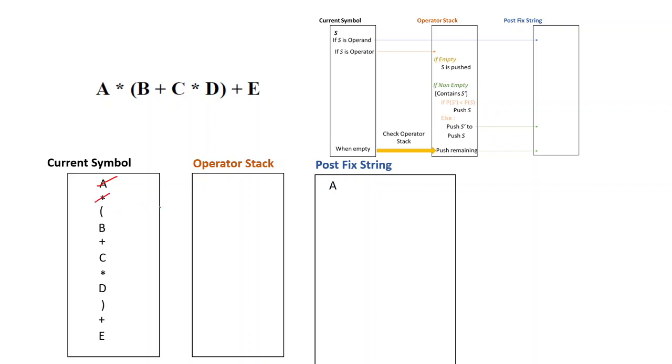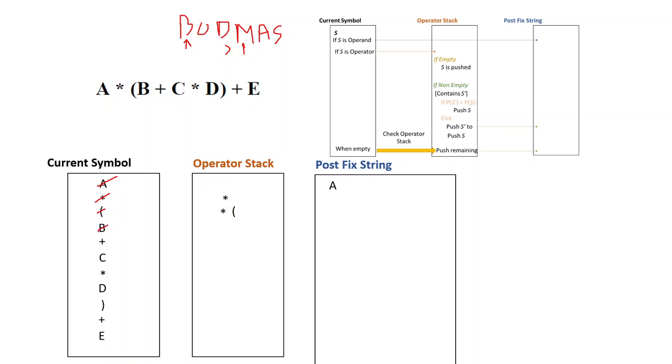The operator stack is empty, so we safely push this into the operator stack. Next is braces. Now again BODMAS. This is your braces which is here, and this is your multiplication. So clearly we will need to push the braces to the operator stack.